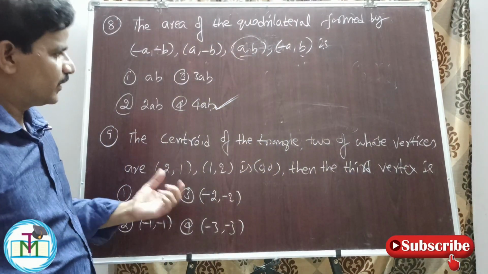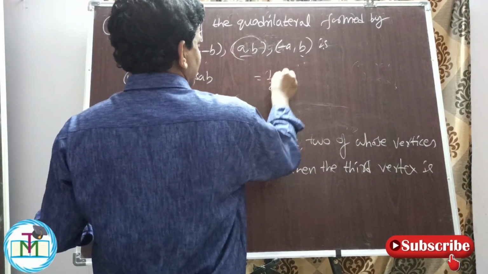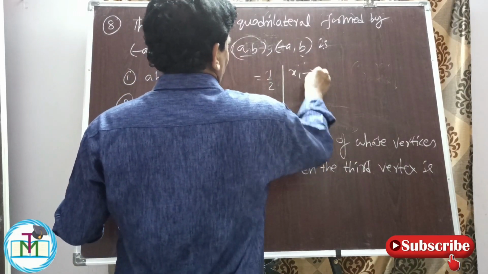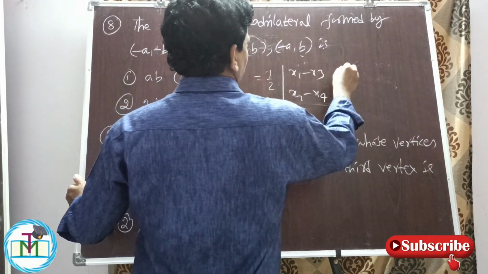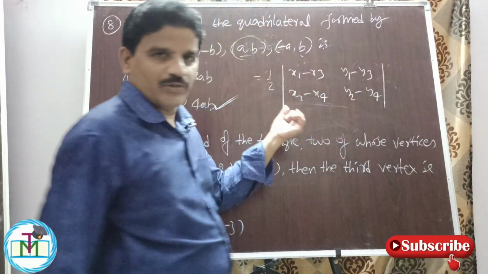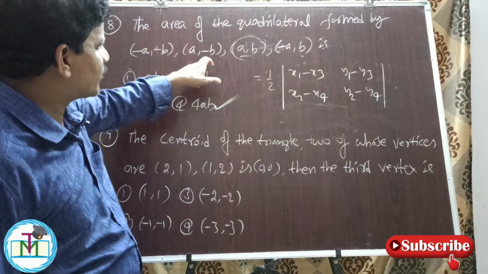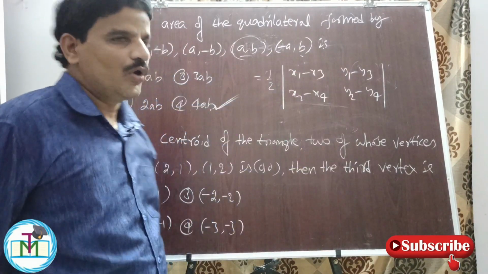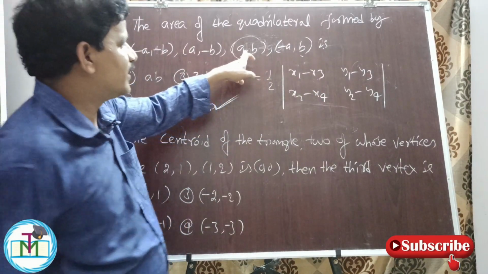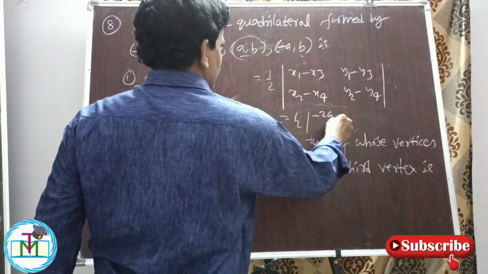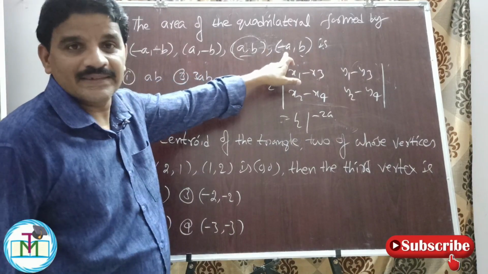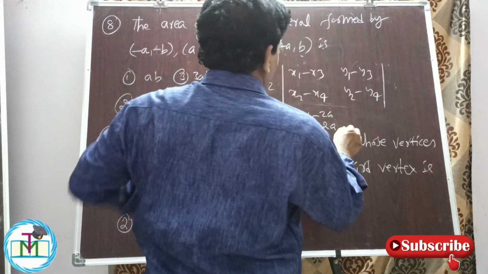You can also use the other method. The area of a quadrilateral is equal to 1 by 2 of the determinant with rows (x1 minus x3, x2 minus x4) and (y1 minus y3, y2 minus y4). Substitute in this formula: this is x1 y1, this is x2 y2, this is x3 y3, this is x4 y4. x1 minus x3 here is minus a minus a, minus 2a. x2 minus x4 is a minus of minus a, plus a, this is 2a.